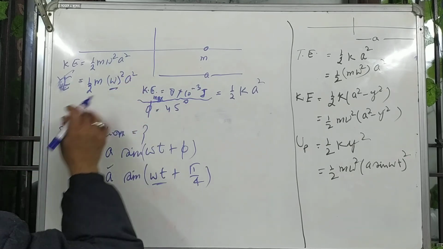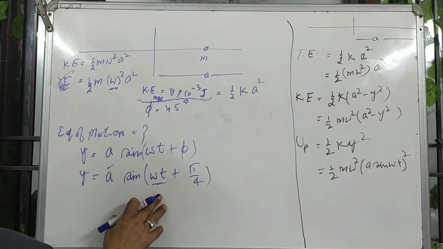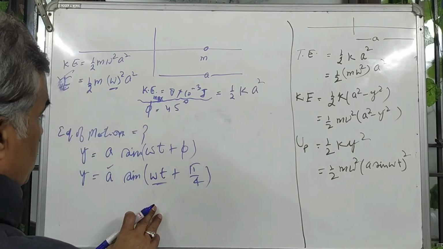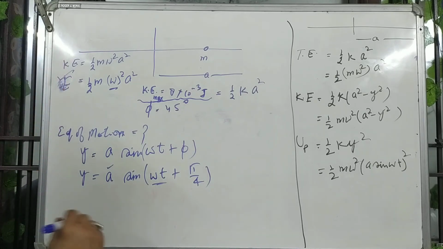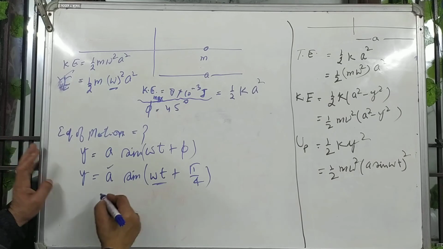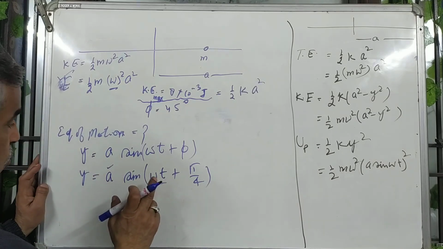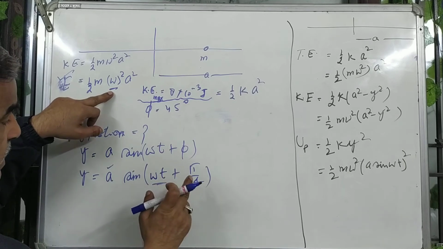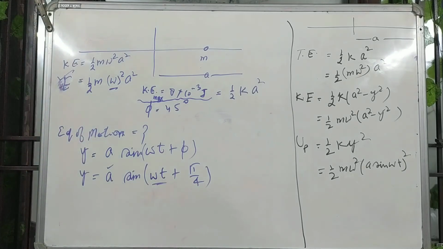So you will find omega from this, and you will substitute the value over here. You have got omega, and the amplitude is given. So this way you will write the equation y equals A sin(omega t plus pi by 4).